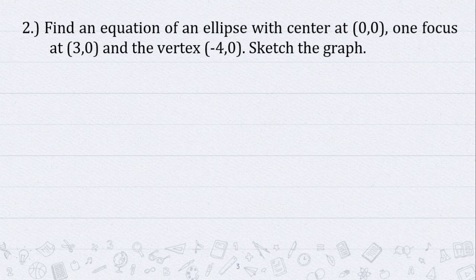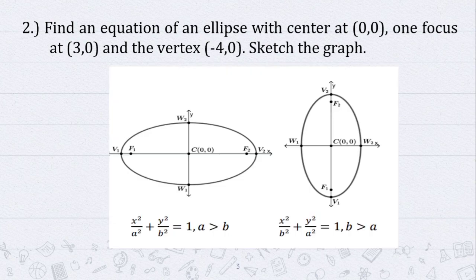Since it is already stated that our center is at 0, 0, we have here two possible standard equations. As you can see, our focus is at the x-axis and our vertex is also at the x-axis. Therefore, we will be using this equation.